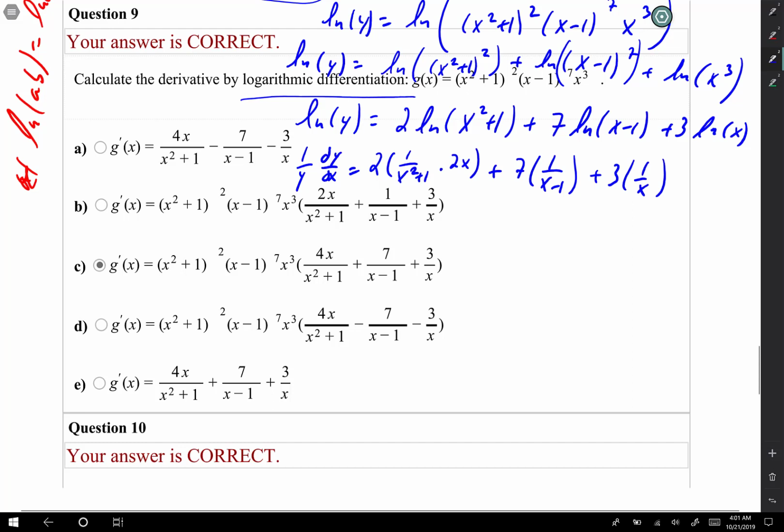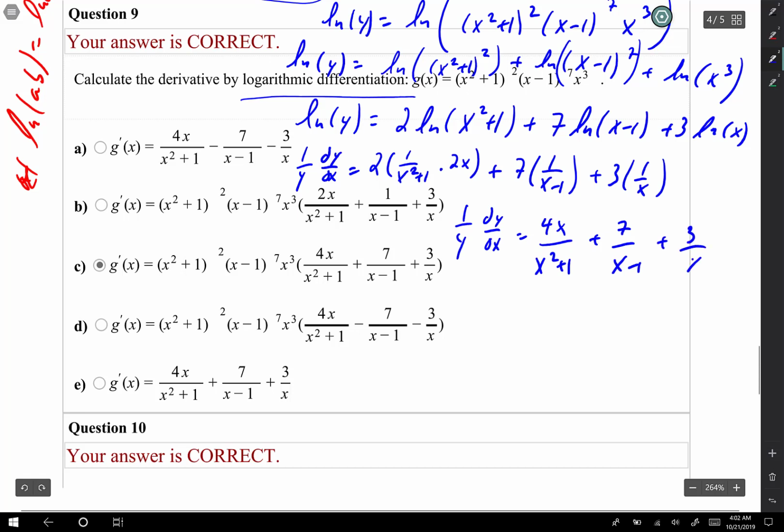So now, 1 over y dy dx equals 2 times 2x, which is 4x, so 4x over x squared plus 1 plus 7 over x minus 1 plus 3 over x. Times y to get rid of the 1 over y. So dy dx equals y, giant parenthesis, 4x over x squared plus 1 plus 7 over x minus 1 plus 3 over x.